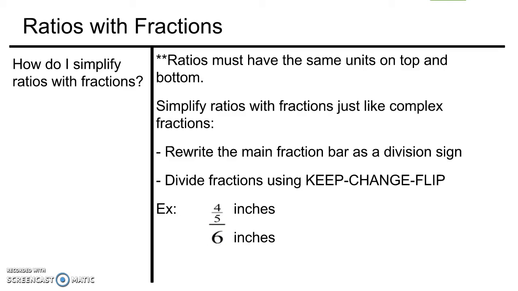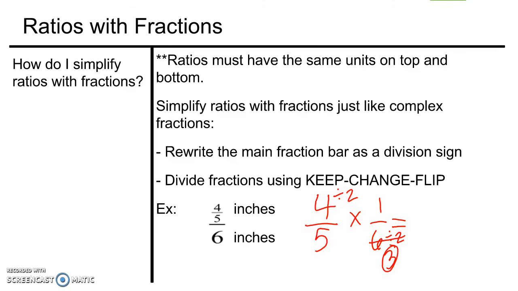So in this problem, 4/5 inches to 6 inches, we would write 4/5 divided by 6 over 1. And then we know that we multiply by the reciprocal. So times 1 over 6.